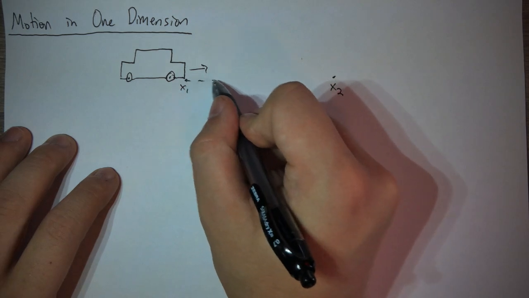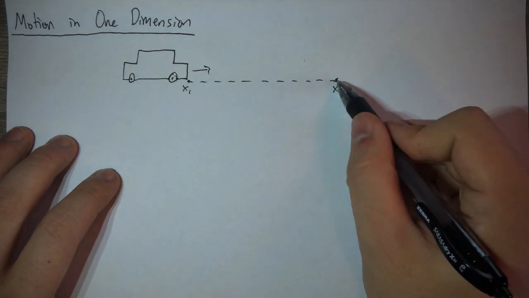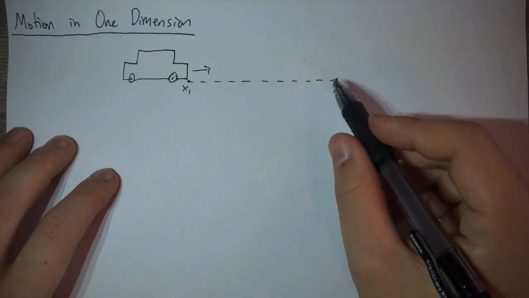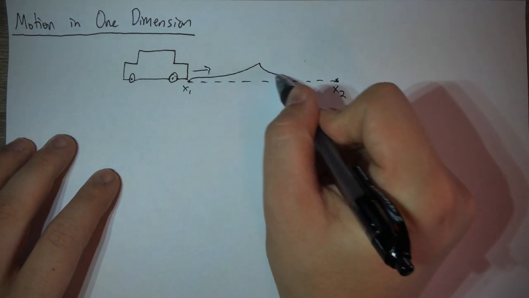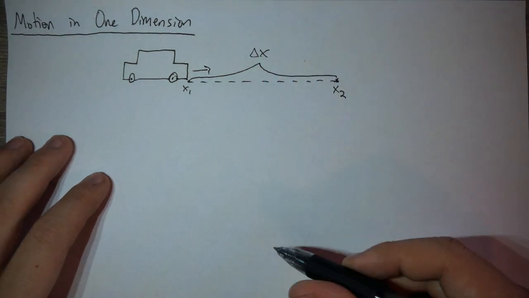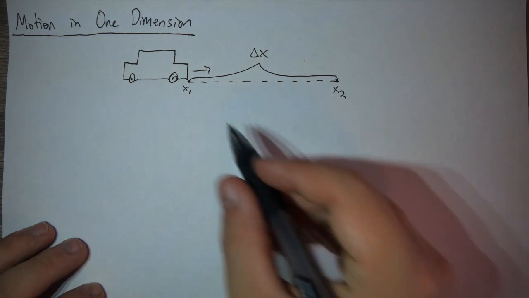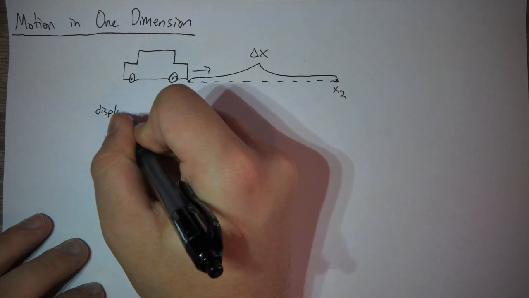So we have a start position and an end position, which have a distance between them. This distance, I'll draw it like this, is delta x. Now this distance, I say the word distance, is actually displacement.